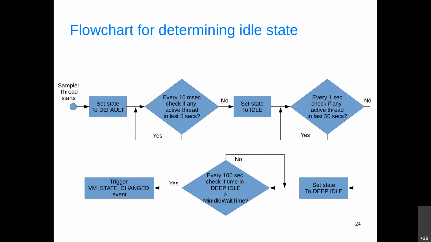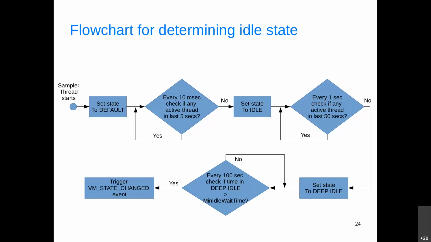So once the sampler thread reaches the deep idle state, and if it stays in that idle state for a specific duration of time, then it sends a notification to the virtual machine, upon which the virtual machine changes its state from active to idle, and then it performs the GC cycle and the compaction, and the other activity that we discussed in the previous slide.